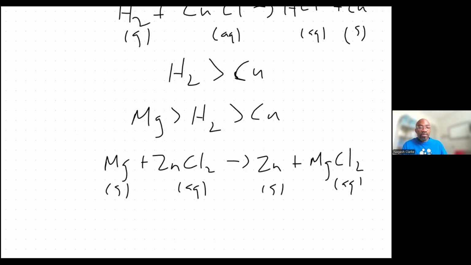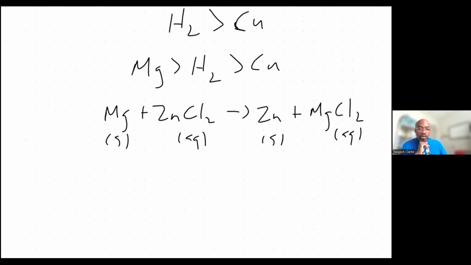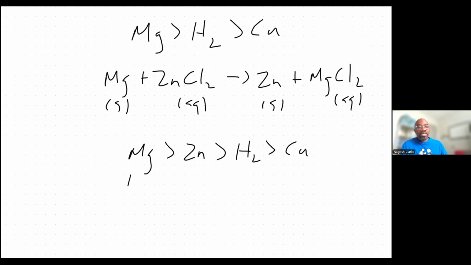So we can change this now to magnesium. It's more active than zinc, which is more active than hydrogen, which is more active than copper. So magnesium is the one seed, copper is the four seed.